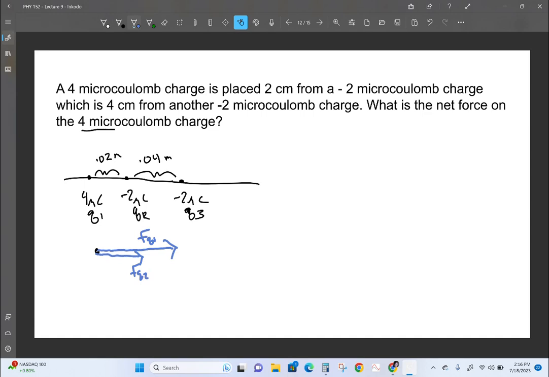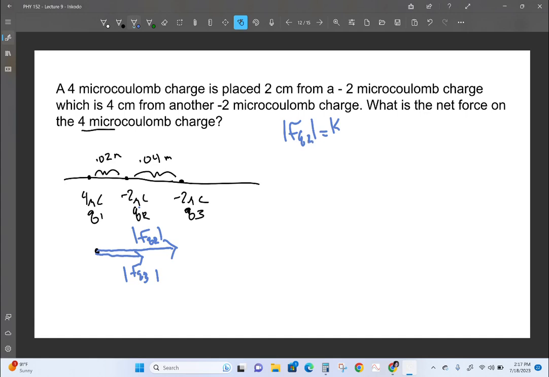If I find this force and this force, they're both in the X direction, or the i direction. So first I'm going to find the length of both of these. Actually, this should be Q2 and this should be Q3. I'm sorry. This is the force due to Q2. This is the force due to Q3.